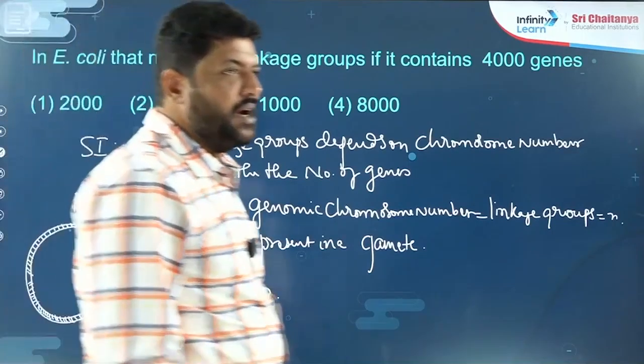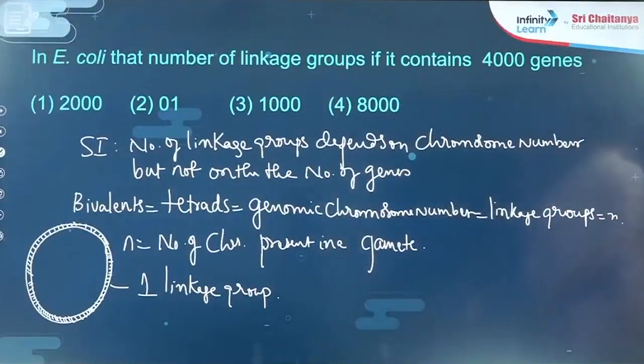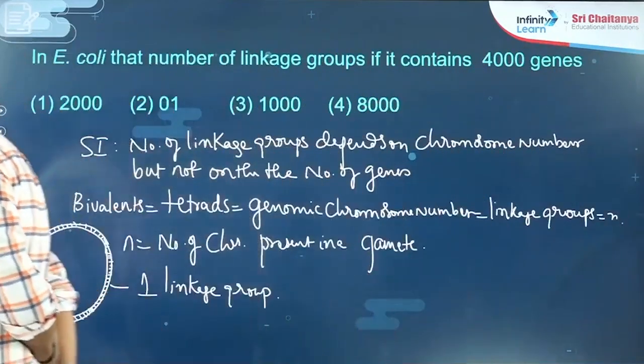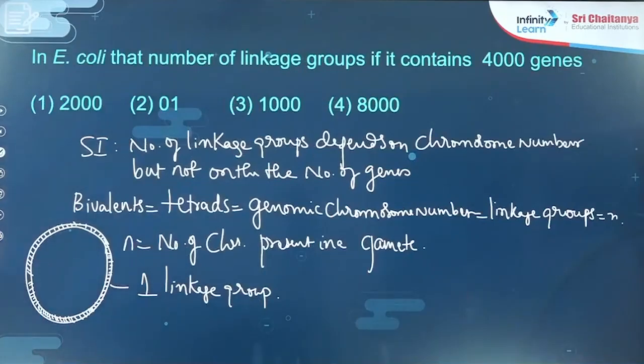So bacteria may have 2000 genes, 4000 genes or 5000 genes, but the number of linkage groups will be 1.